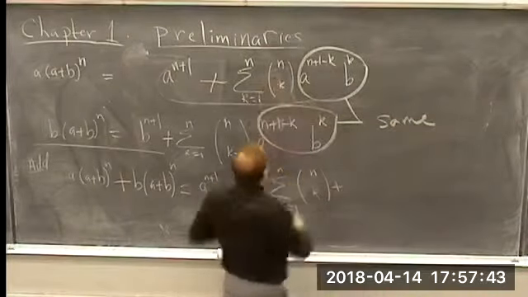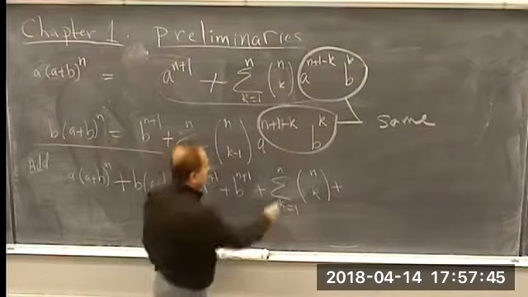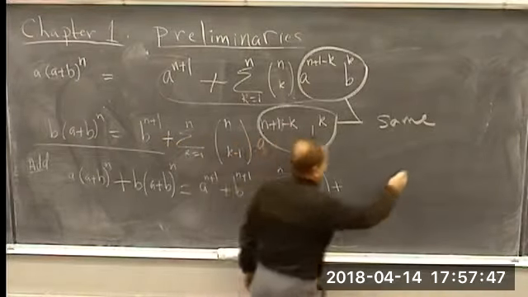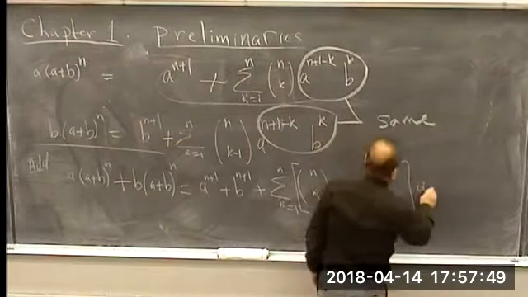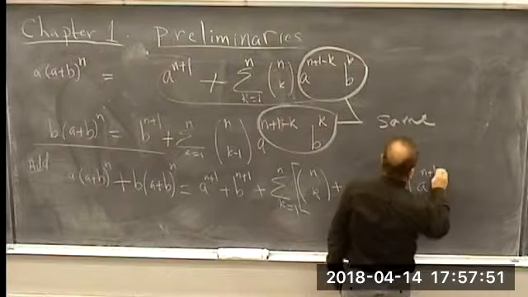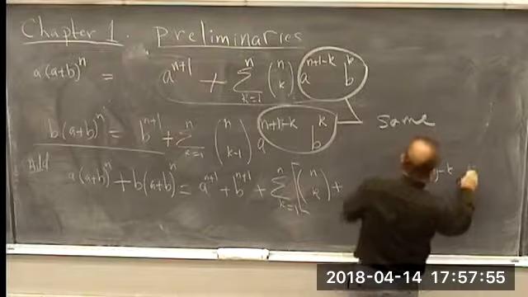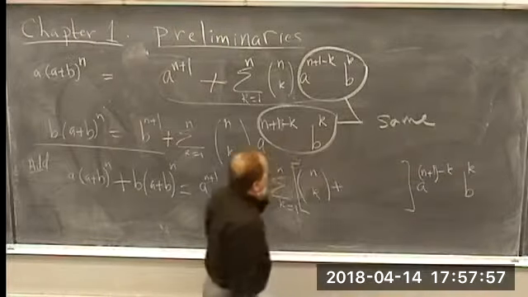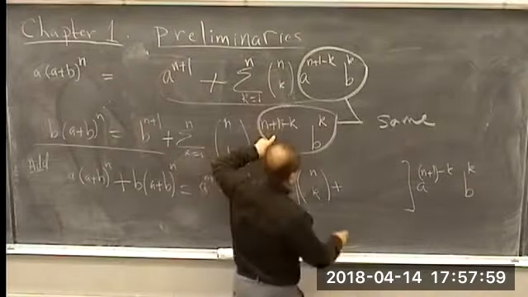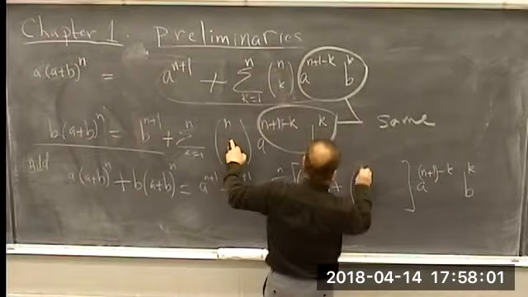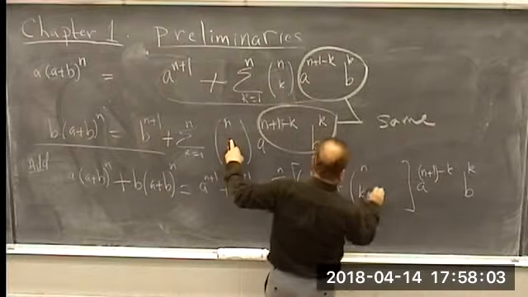So when I want to add, I just want to factor them out. So this is a to the n plus 1 minus k, and this is b to the k. And in here we need the binomial coefficient n, k minus 1.